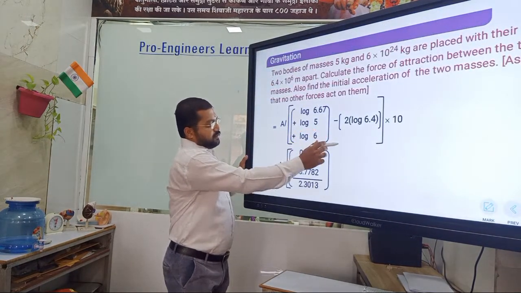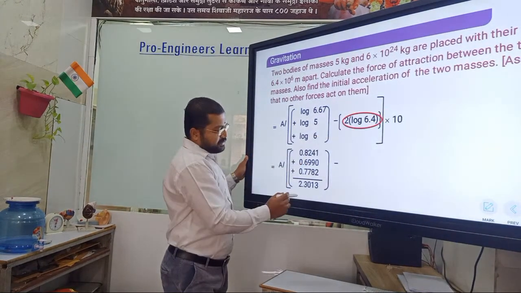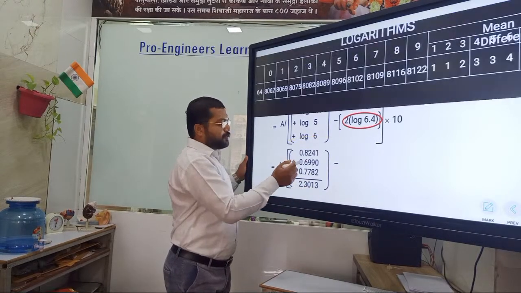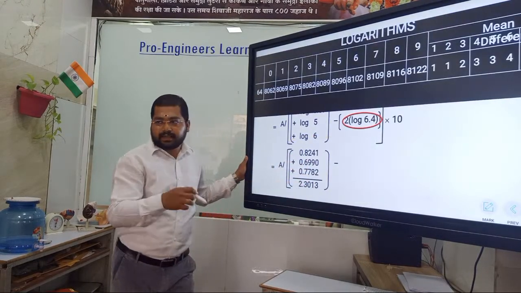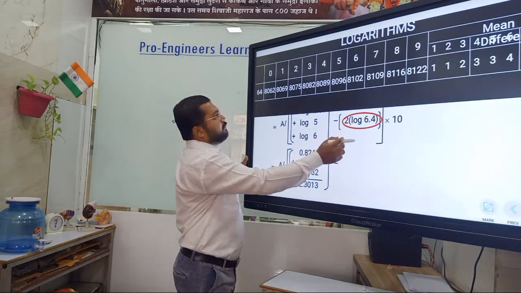Now moving ahead, the addition of all these 3 is 2.3013. You have two options: you can add it in the next step, or you can directly add it. Now log 6.4.